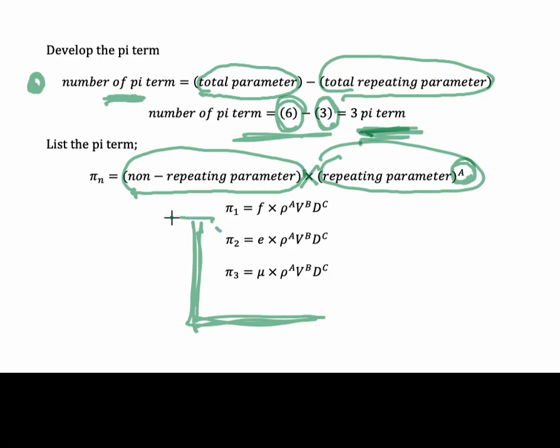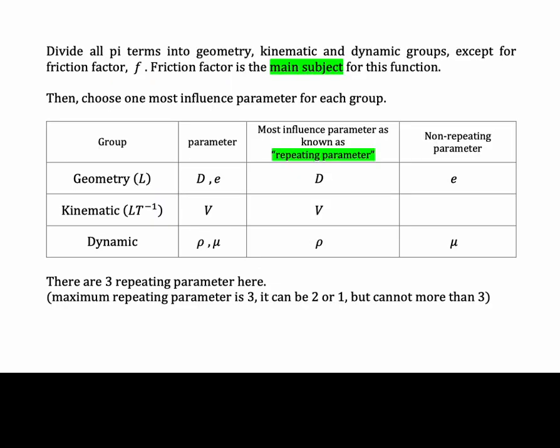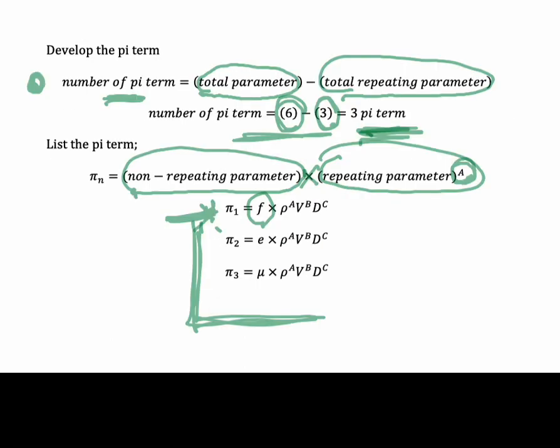For pi term number 1, pi 1, we take the subject, which is f, and multiply it with rho, v, d, because here we have rho, v, d as the repeating parameters. We take all of them, but you need to write rho with the power of a, v with the power of b, and d with the power of c.